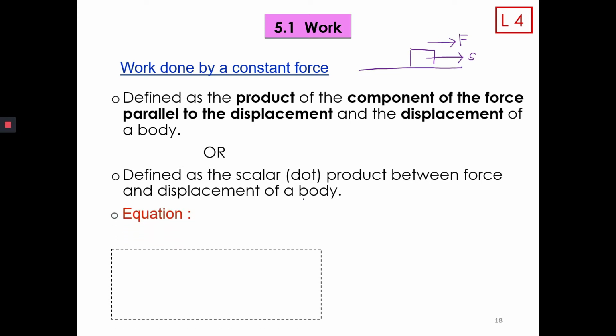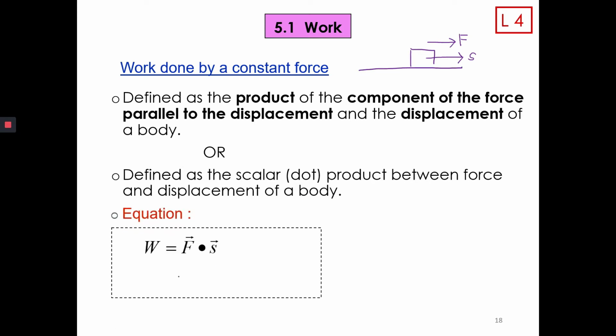So the equation of work is W equals force dot displacement, F dot S, where the dot product is transferred into a cos product.